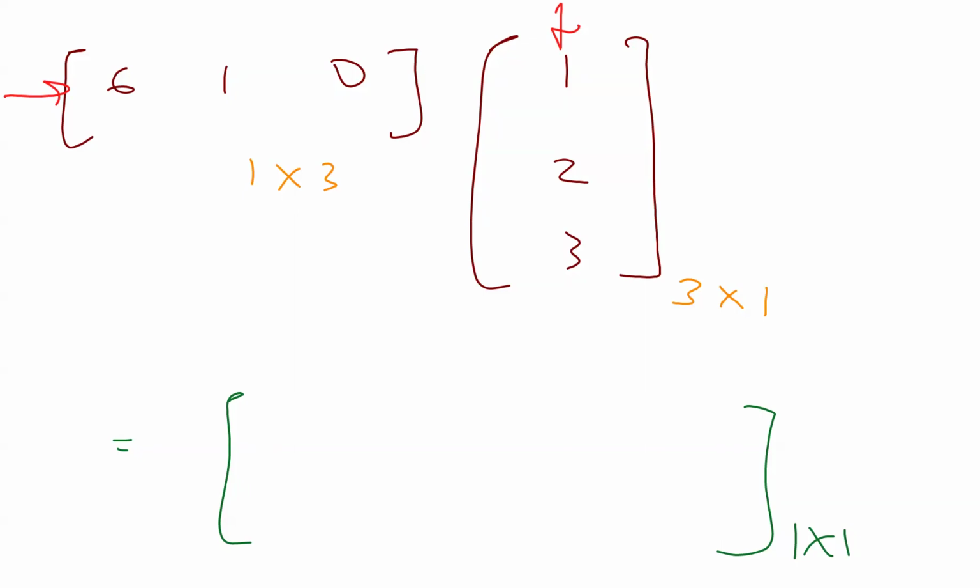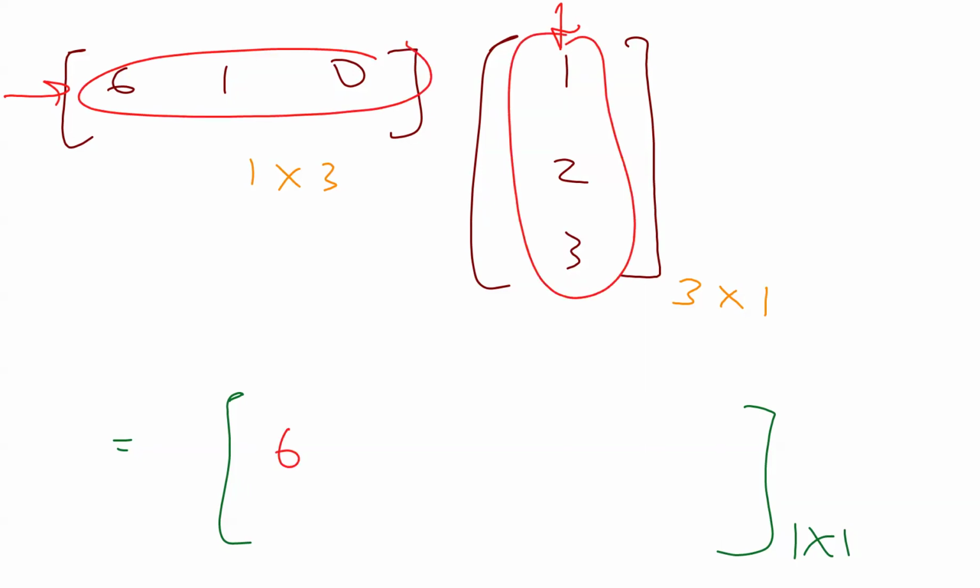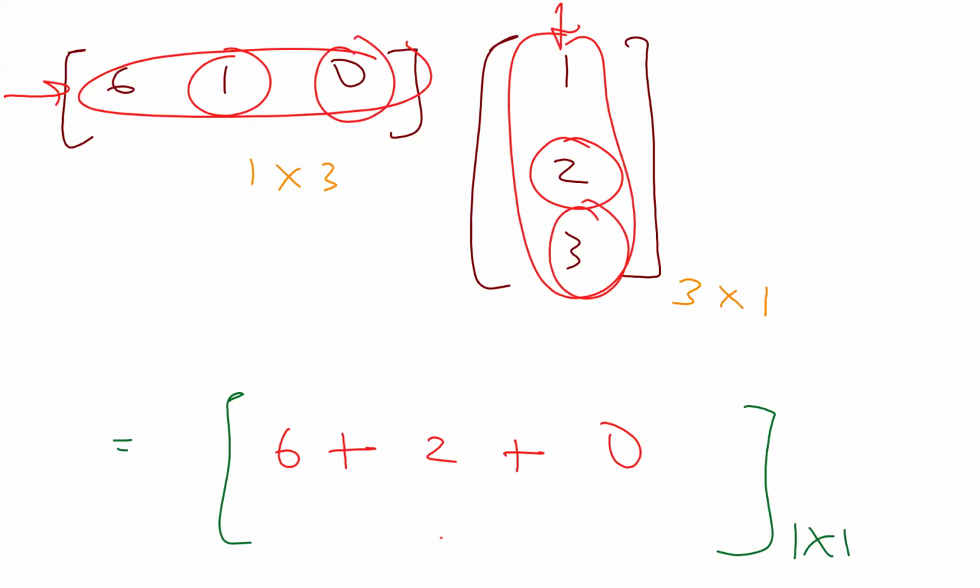So 6 into 1, 6. Plus 1 into 2, 2. Correct. Plus 0 into 3, 0. So the answer is going to be a singleton matrix and that object will be 8. The order is 1 cross 1.